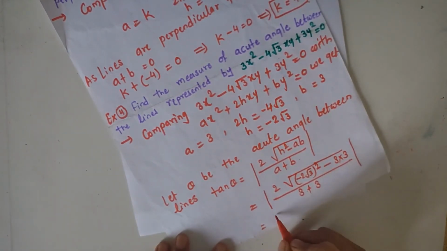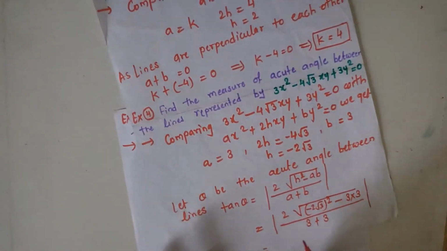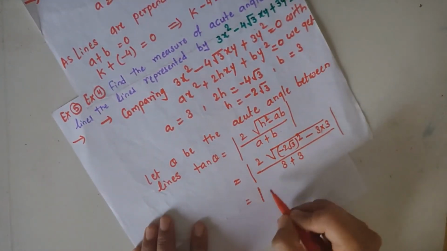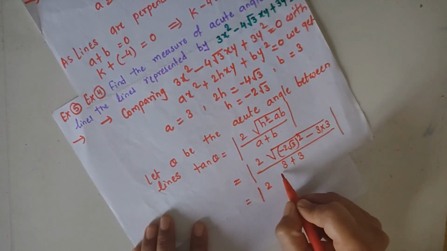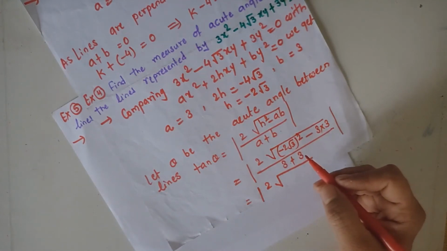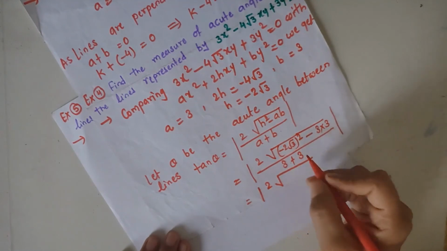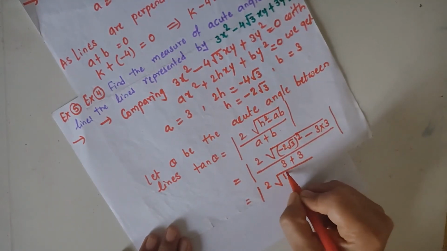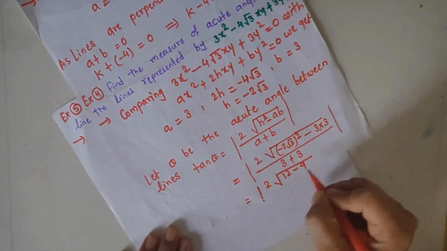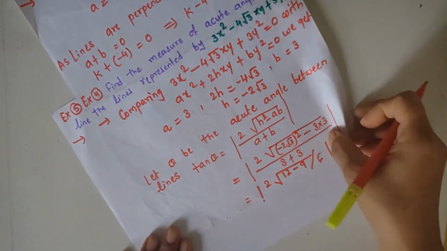Then we get mod of 2 into under root of minus 2 root 3 bracket square, that is 4 into 3, 12. 12 minus 3 into 3, 9, upon 3 plus 3, 6.